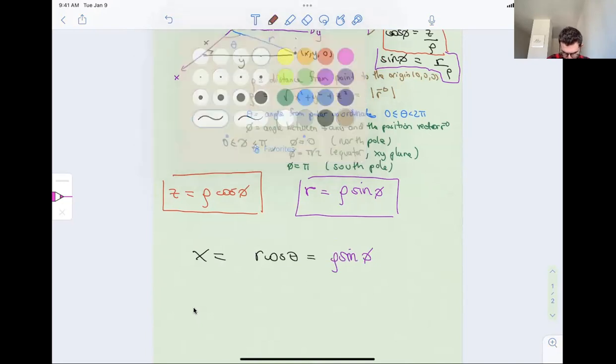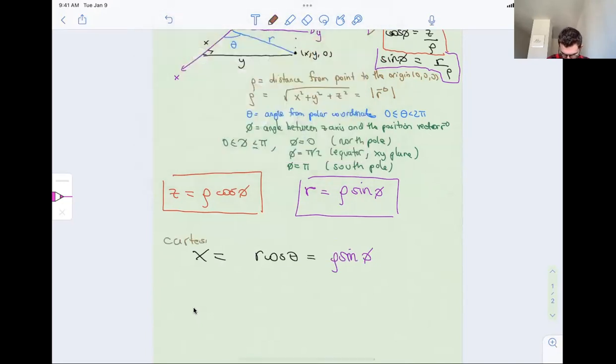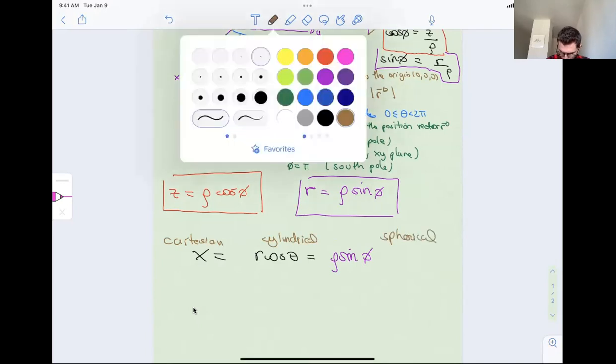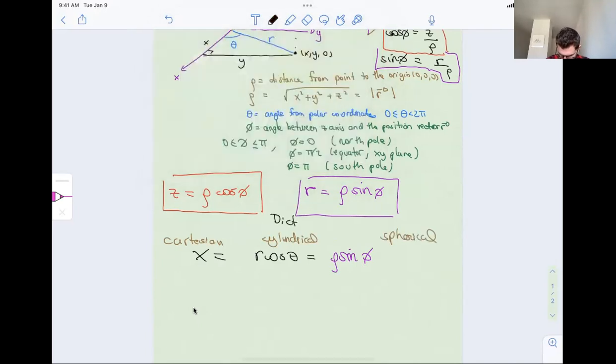What I'm trying to do here is Cartesian, cylindrical, and then here's spherical. So x in Cartesian, in cylindrical you write this as r cosine of theta, and in spherical r becomes rho sine of phi, and cosine of theta just keeps being cosine of theta.